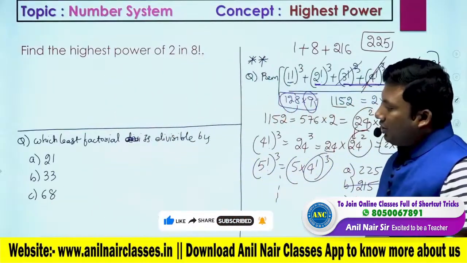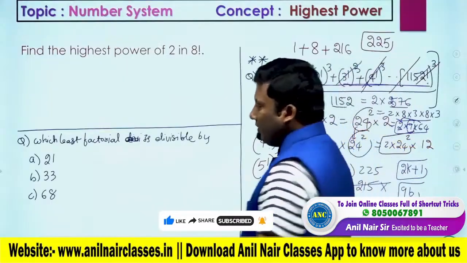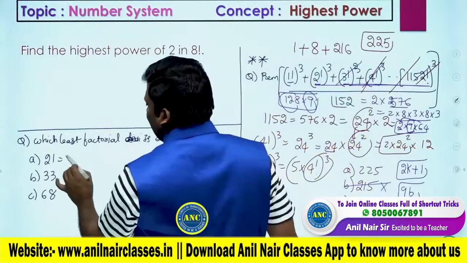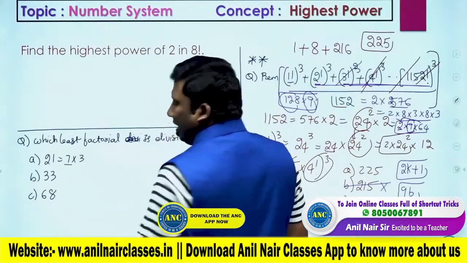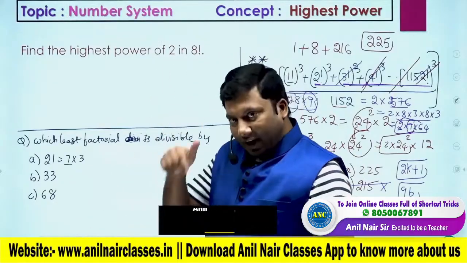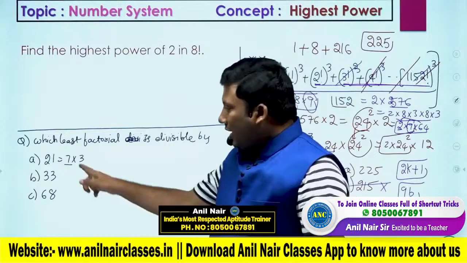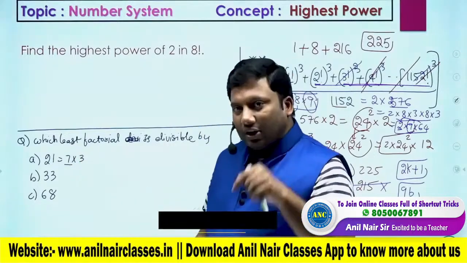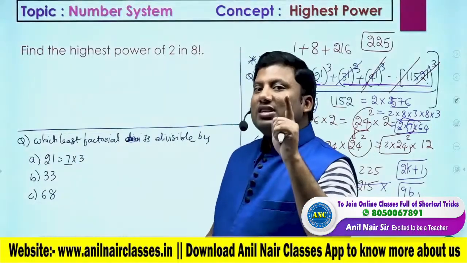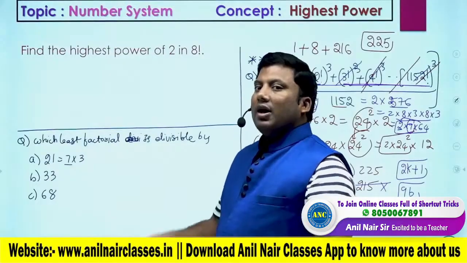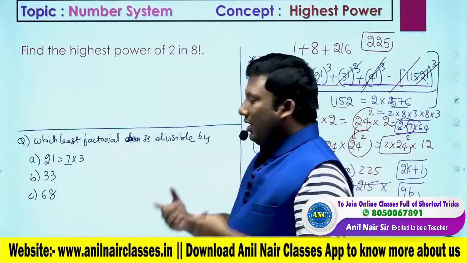Which least factorial is divisible by 21? 21 is 7 into 3. That means in the factorial I should get 7. What is the smallest natural number whose factorial has a 7?